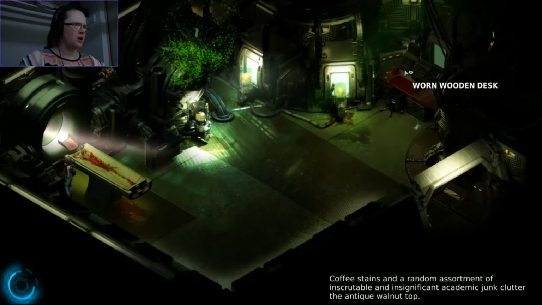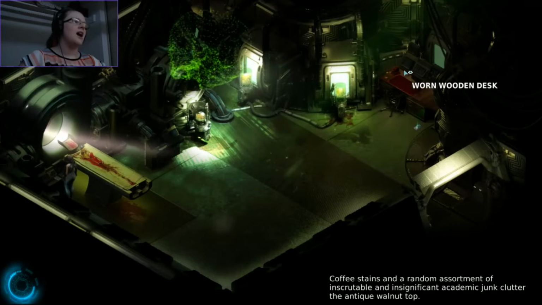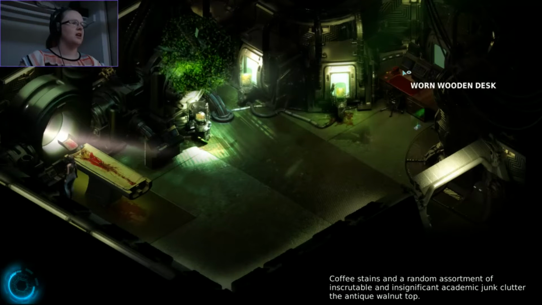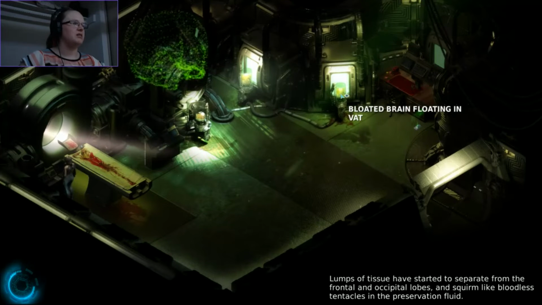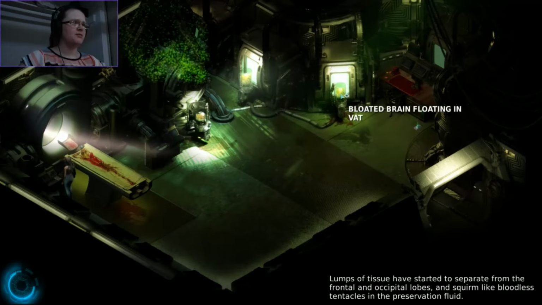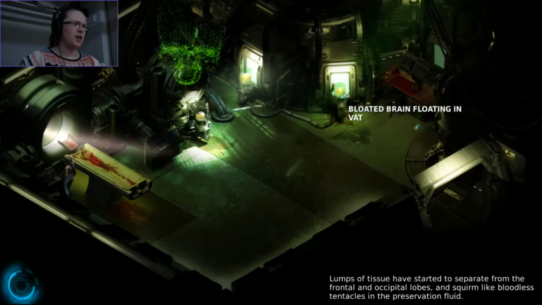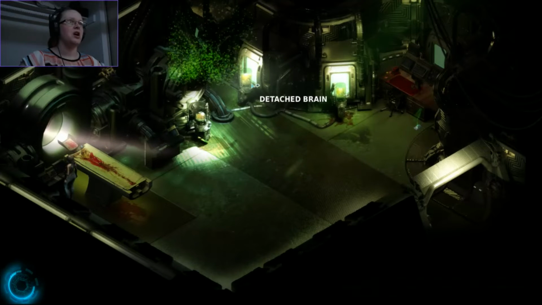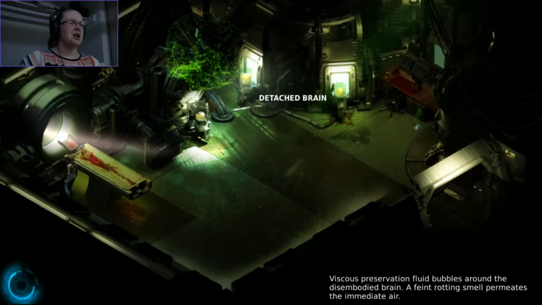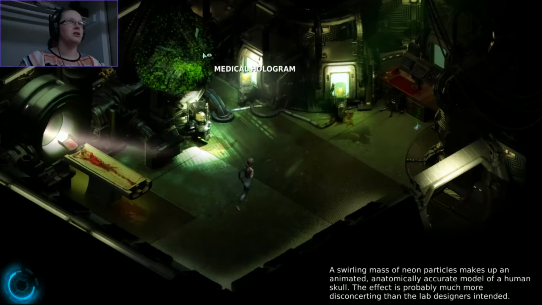Coffee stains and random assortment of inscrutable and insignificant academic junk clutter the antique walnut top. Bloated brain floating in a vat. Lumps of tissue have started to separate from the frontal and optical lobes and squirm like bloodless tentacles in the preservation fluid. I am very grossed out.